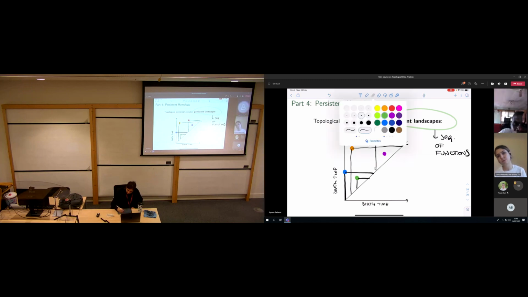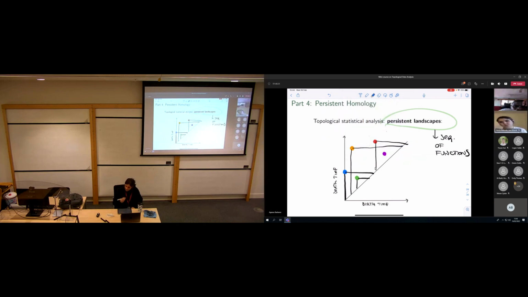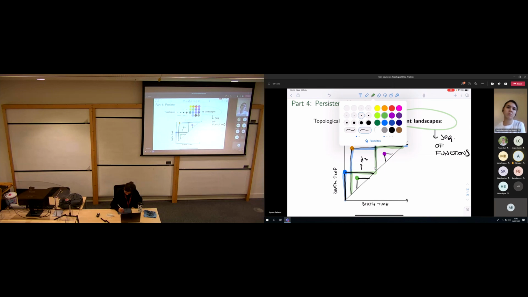Then, as a first function in my sequence, I can take the function tracing the max points of these triangular landscapes I draw. This is going to be lambda 1. Then I can take lambda 2, the second maximum point. And I can take lambda 3, and so on.